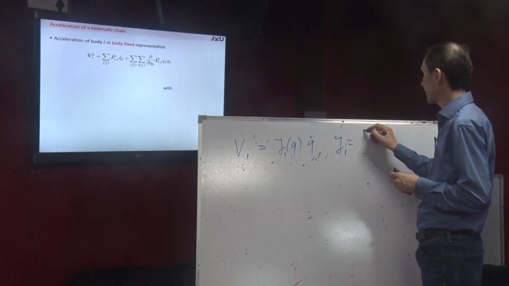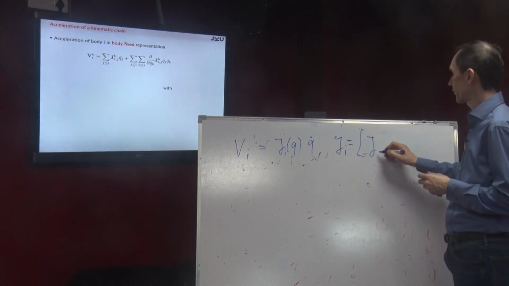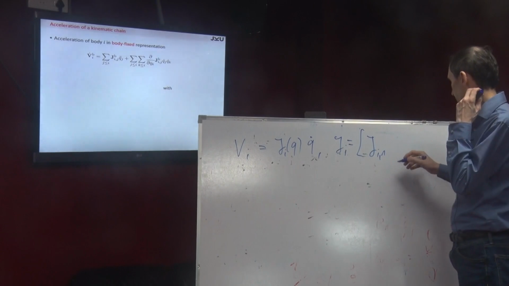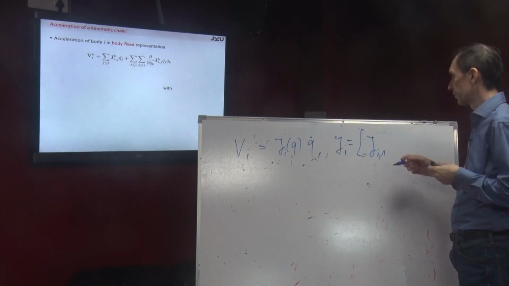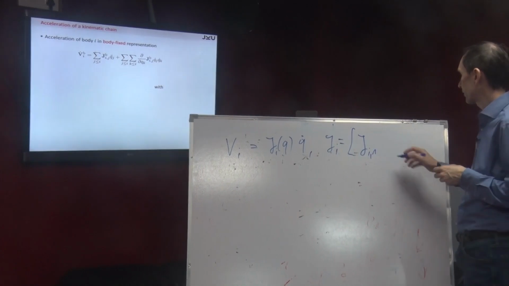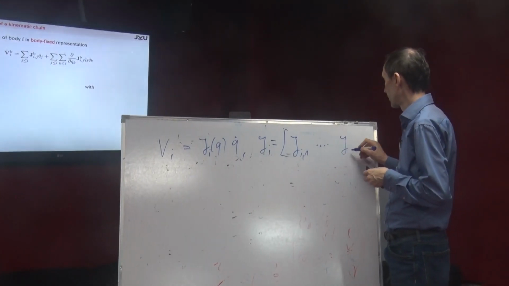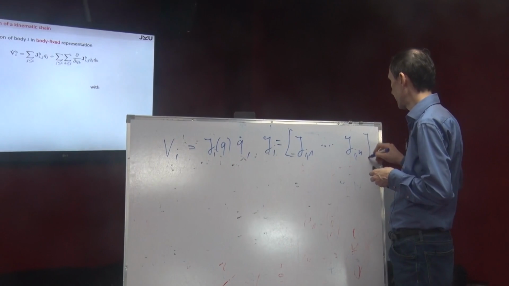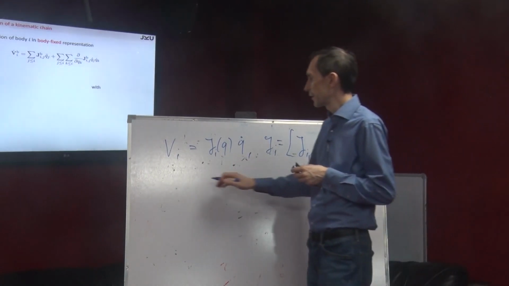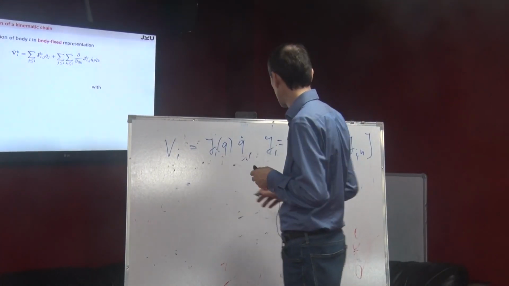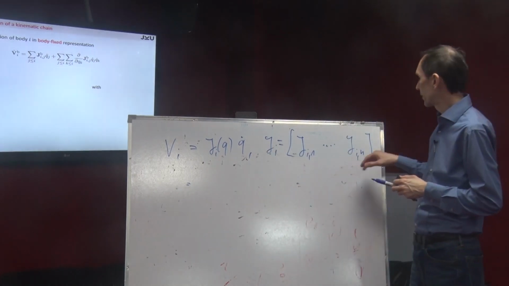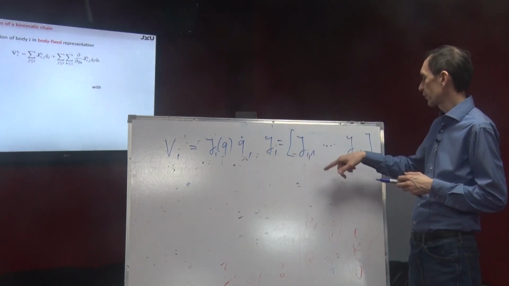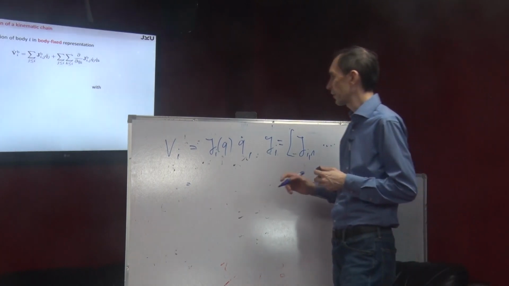And the matrix, we said, consists of n columns, because this is an n vector, so this goes till n. Which is the same as writing this as: you multiply q1 dot with the first column and q2 dot with the second column and so on.